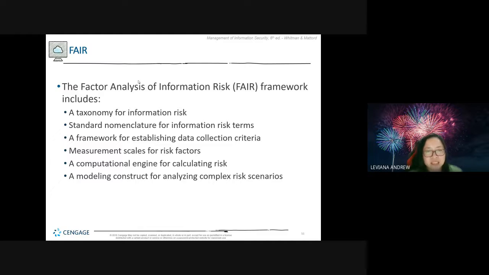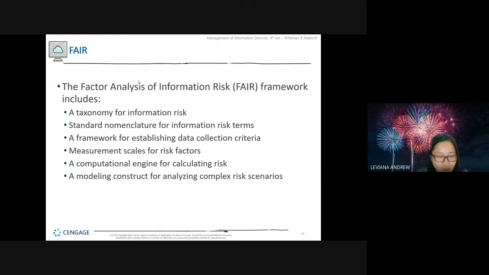Factor Analysis of Information Risk ataupun FAIR framework. It is a risk management framework to help organization understand, analyze, and measure information risk. The outcomes are more cost-effective information risk management, greater credibility, and a foundation from which to develop scientific approach to information risk management.